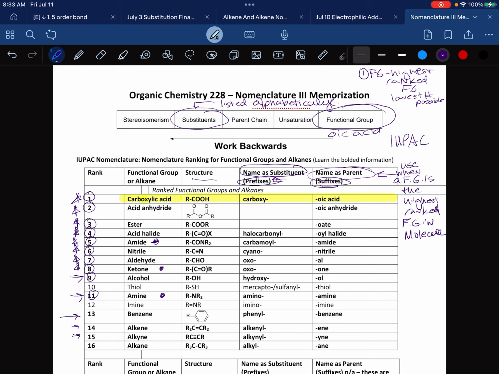Okay, and if we don't have a ranked functional group, which we've studied in the past in Nomenclature 1, then we're just going to worry about the substituent numbering, and we want the first substituent to get the lowest number possible, and then we go to the first point of difference.